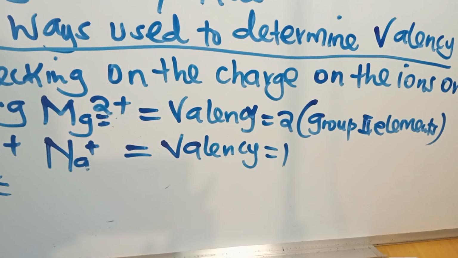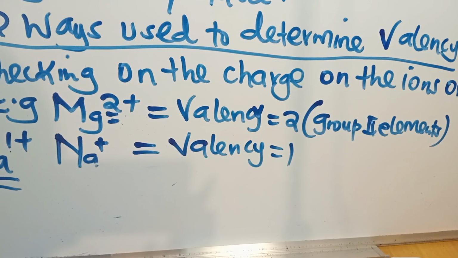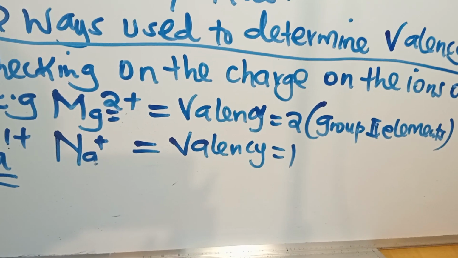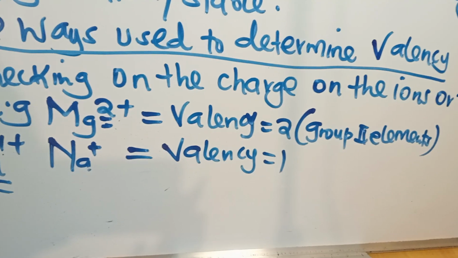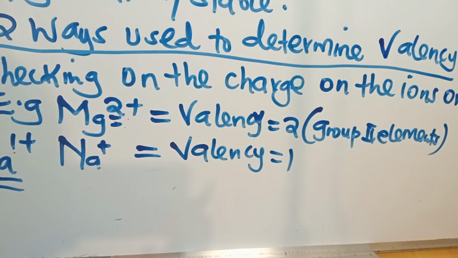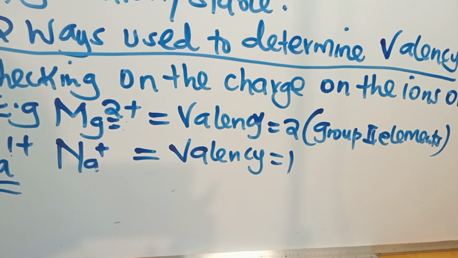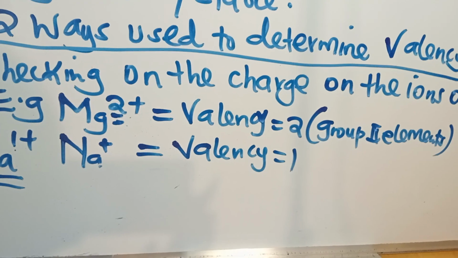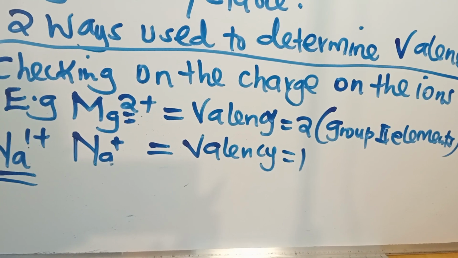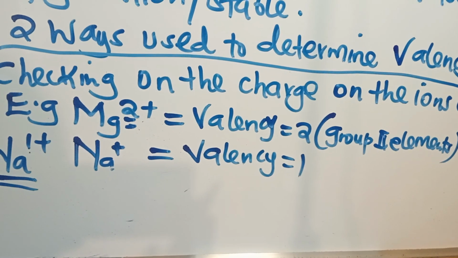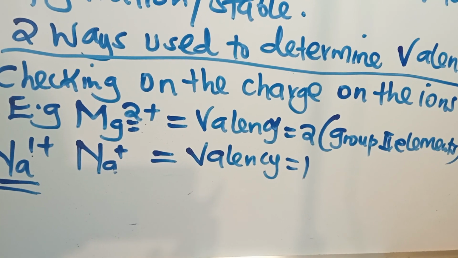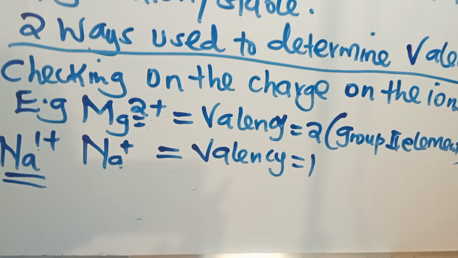Let me give examples of those elements in group 2 from the first 20 elements. The first one is beryllium. Then down there we have magnesium. Down there we have calcium, and then going on and on down the group. Always, for those ones, they always have a valency of 2.